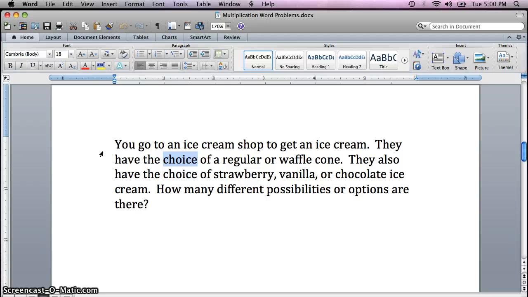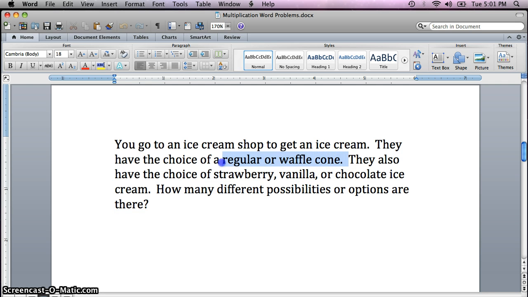When you see that we have choices or options or possibilities, that means that we will be doing multiplication to find out how many choices there are possible. So in this particular problem, they also do not give you concrete numbers. You have to really read and pay attention to figure out what 2 numbers we're going to multiply together to get the different number of possibilities.